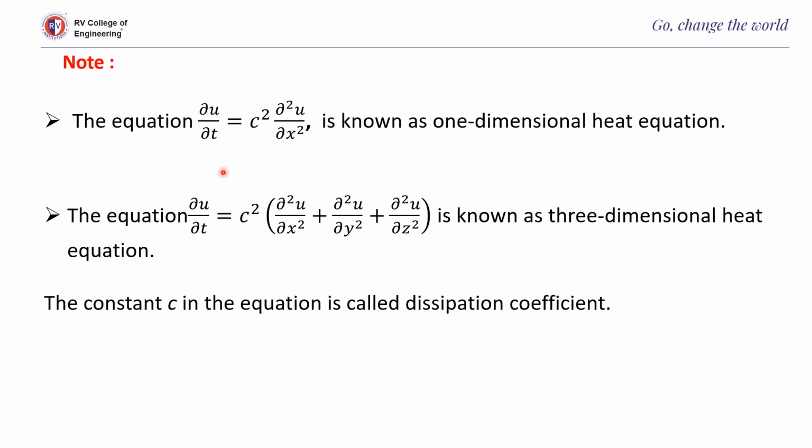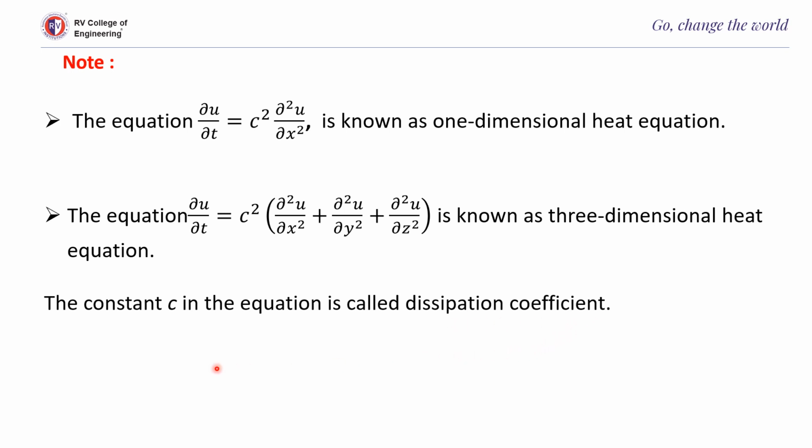Now also observe the equation dou u by dou t equal to c squared dou square u by dou x squared. This partial differential equation is known as the one-dimensional heat equation. Similarly, I can write the heat equation in terms of 2 and 3 dimensions. The 3-dimensional heat equation is given by this equation, and the constant c in the equation is known as the dissipation coefficient.